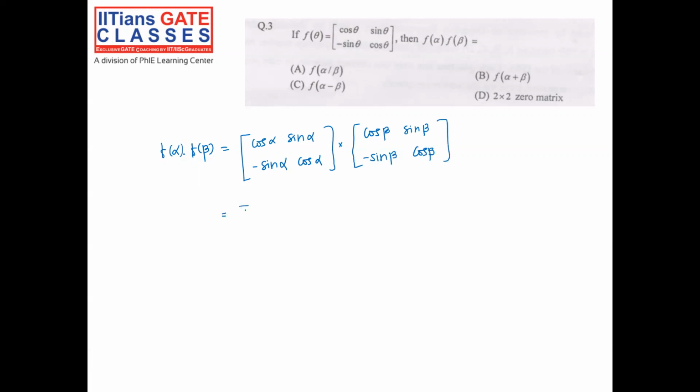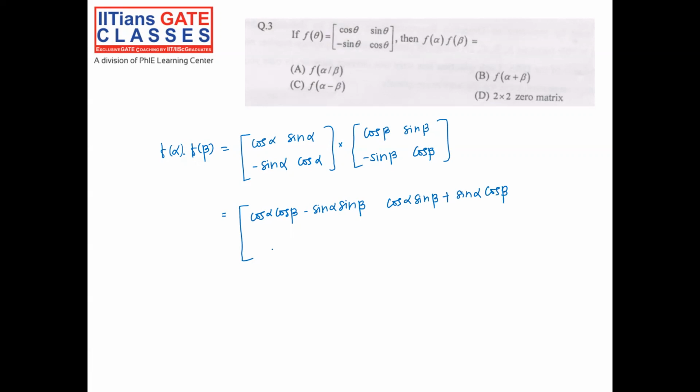And if we do the cross multiplication, let's see what we get. Cos alpha cos beta plus, no, it's minus sine alpha sine beta. The next term will be cos alpha sine beta plus sine alpha cos beta.